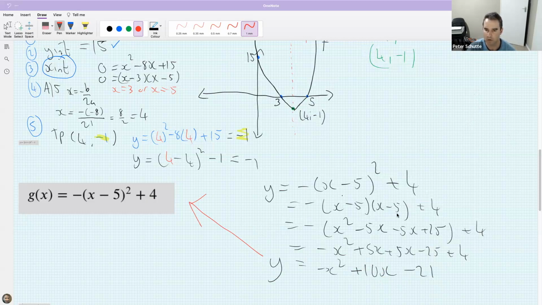So see how I multiplied it out? And notice how when this negative sign came in, it changed everything's sign around.